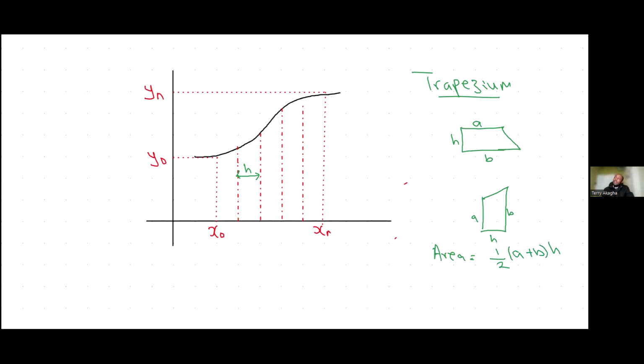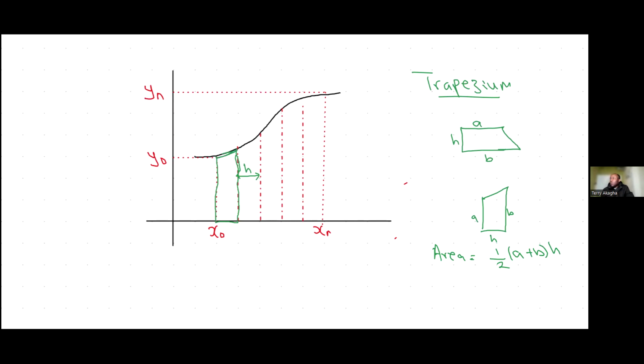Now if you look at this, you can see that each of these looks like a trapezium. 1, 2, 3, 4, 5. So from X0 to Xn, it is broken into 5 trapeziums. If you look at the first one, this is one of the trapeziums. Are you seeing it? That's one.